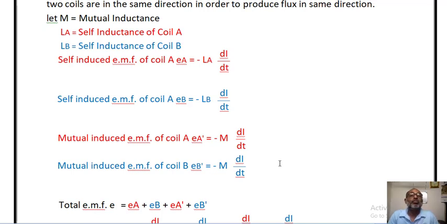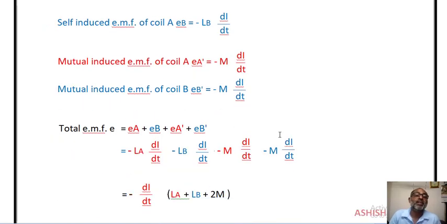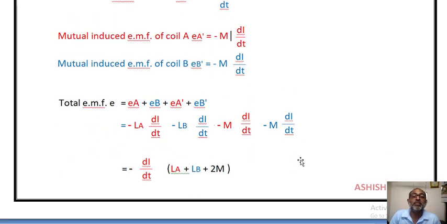So now four EMFs are induced in the two coils: two self-induced EMFs and two mutually induced EMFs. So the total EMF induced in the inductor, we can write, E equals EA plus EB plus EA dash plus EB dash. Now put in the values: minus LA di by dt minus LB di by dt minus M di by dt minus M di by dt.